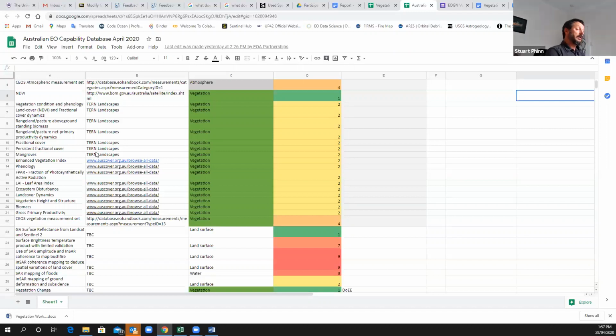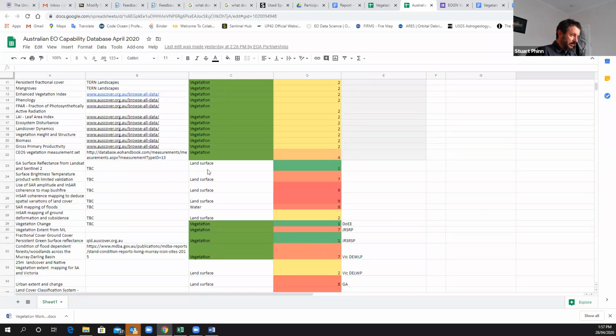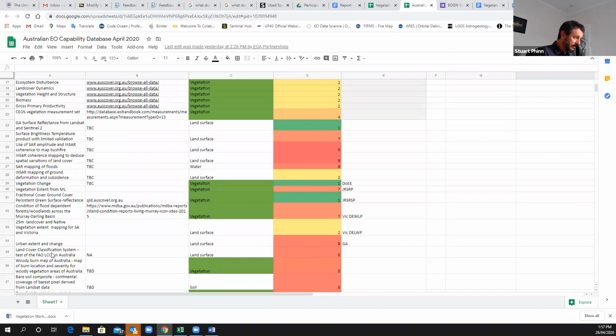Actually just on that, the mangroves product is one that did go through our first trial workshop in 2018, where we brought together all the groups and then pushed it forward. Now there is a version of fractional cover in there, but there's a possibility to improve that with new data as well. So there's a range of products in there from different sensors.